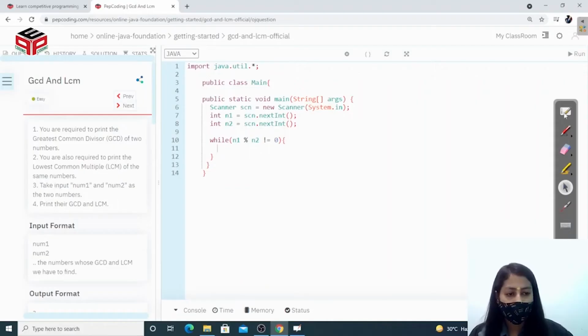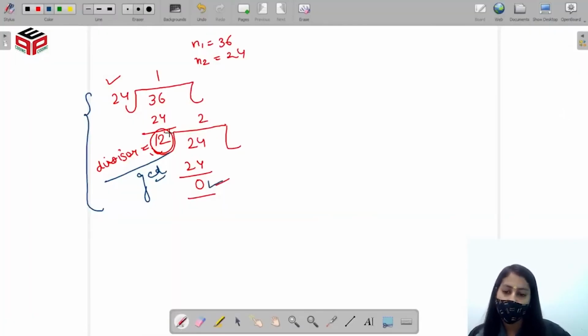Now in the division, let's store the remainder in some variable, say r, and in the next division the dividend n1 will now become n2, right? That is, the dividend is now 24 and the divisor becomes the remainder.